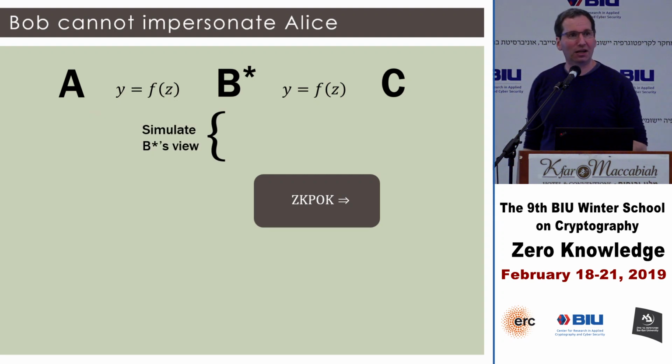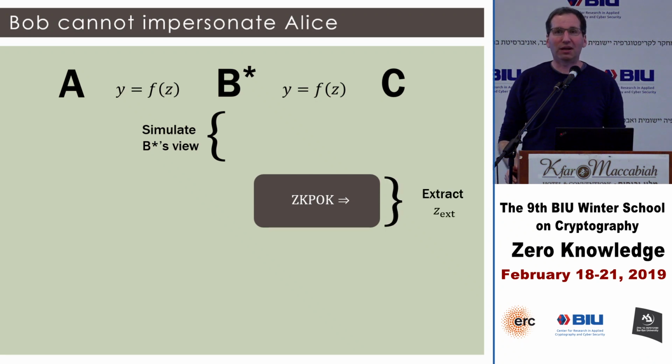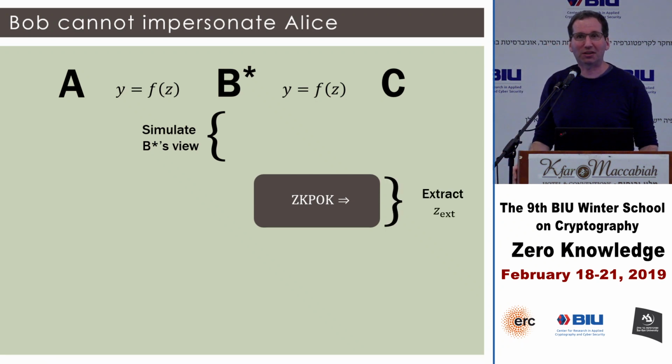Since the left interaction is zero knowledge, we can simulate it. So whatever Bob could have done given the proof on the left, he could have done without the proof on the left, right? Just run the simulator and generate the distribution of messages on your own. Now, on the right, since it's a proof of knowledge, you extract a witness.